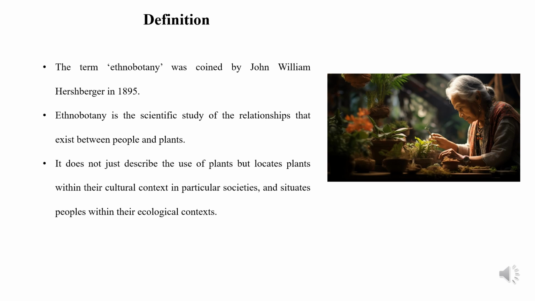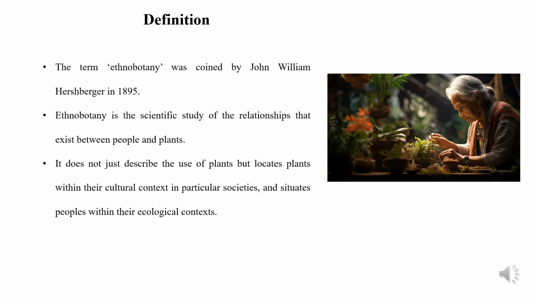The term ethnobotany was coined in 1895 by an American botanist called Dr. John William Hershberger. He first used the term in a lecture in Philadelphia on December 4, 1895.